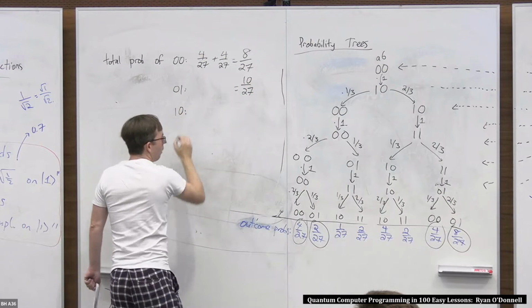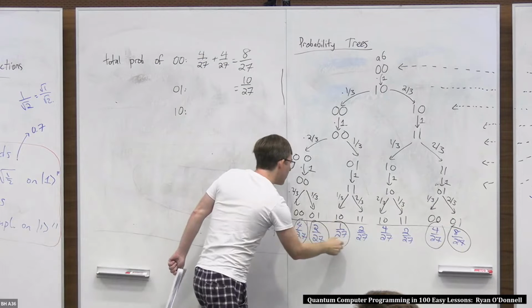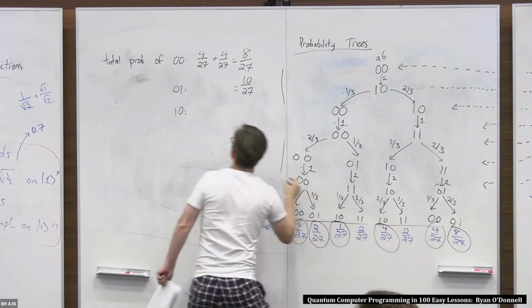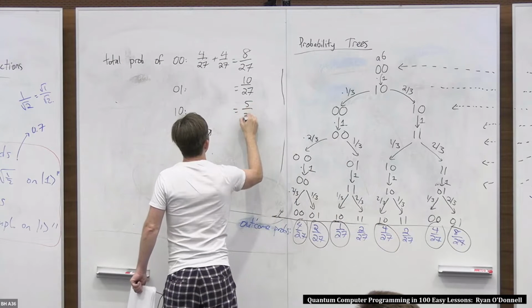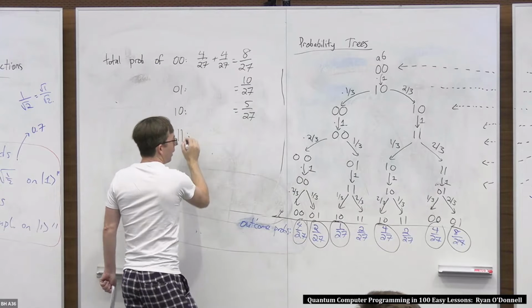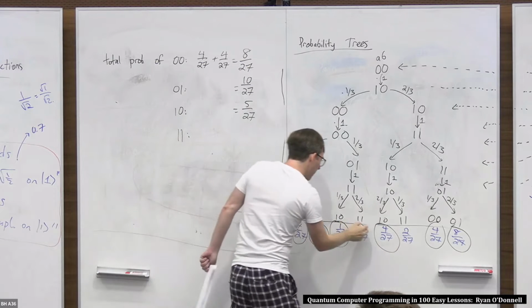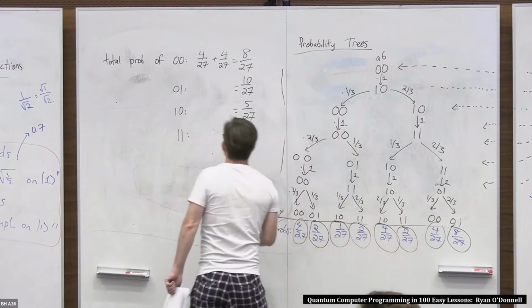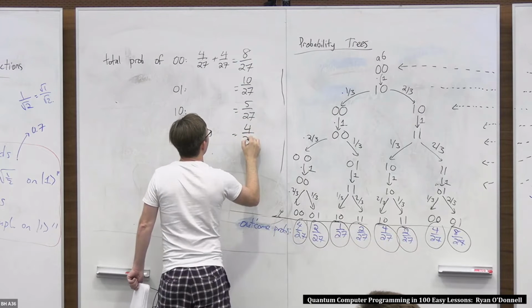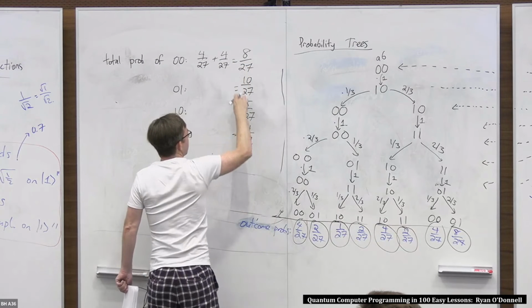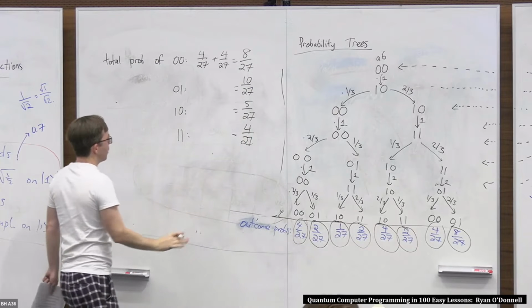Getting to 1, 0 is 1/27 and 4/27, that's 5/27. Getting to 1, 1 is 2/27 plus 2/27, that's 4/27. Again, it's 18/27, 23/27, 27/27. It adds up to 1.